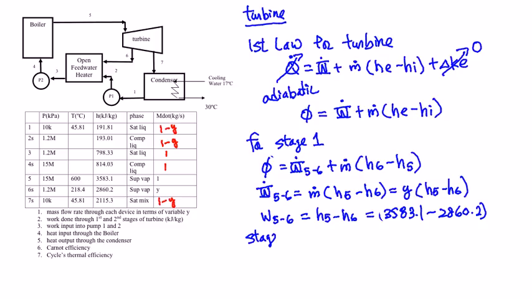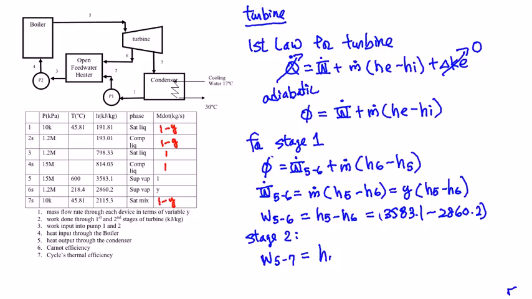We can do the same thing for stage 2, and I'm not going to repeat the derivation of the equation, so that is simply going to equal H5 minus H7, sorry.